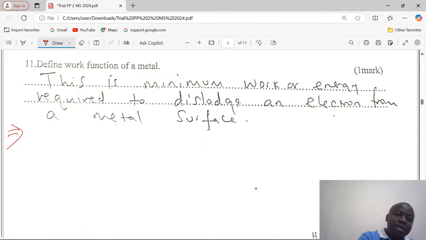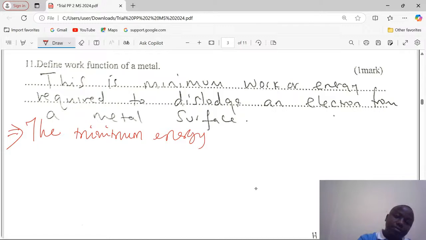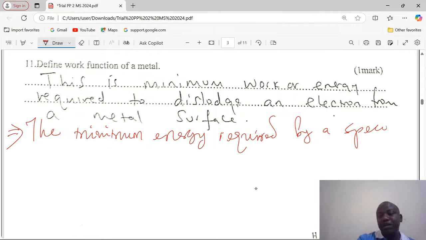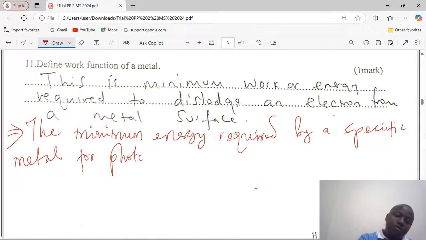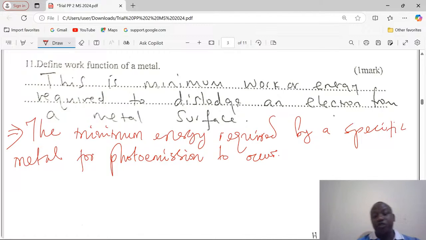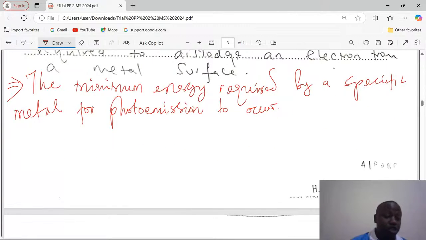Work function is the minimum energy required by a specific metal for photoemission to take place.